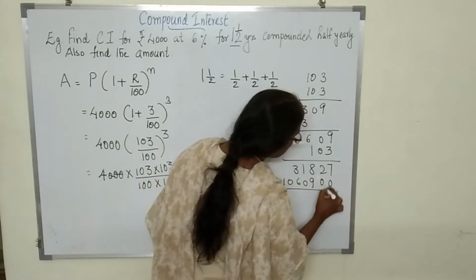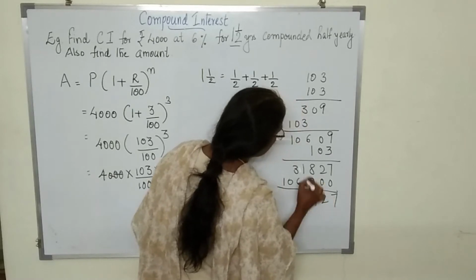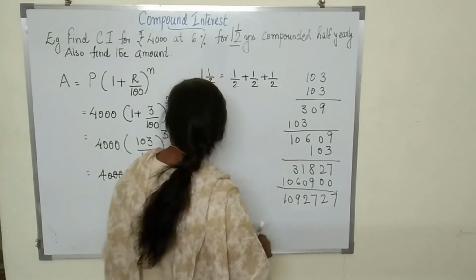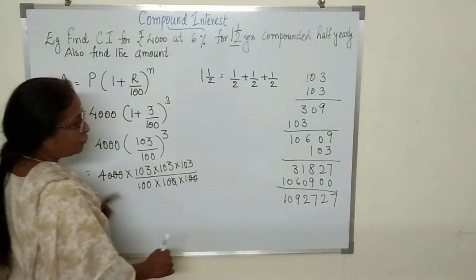Now add it, 2 7 2 9 1 0, and then multiply by 4.